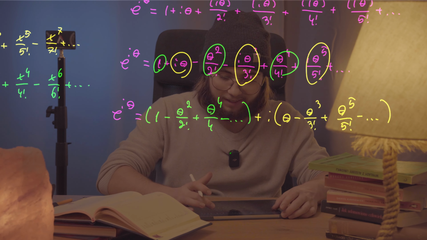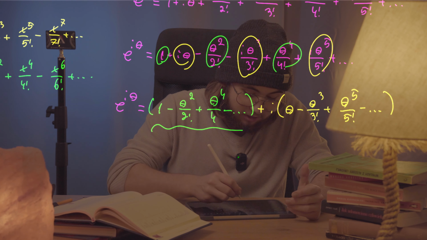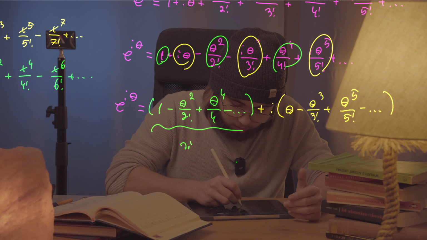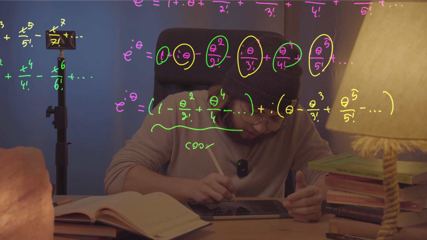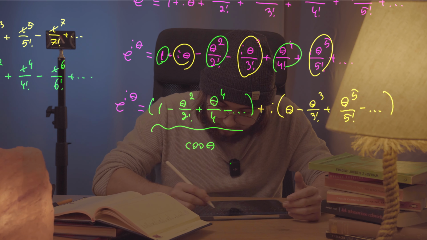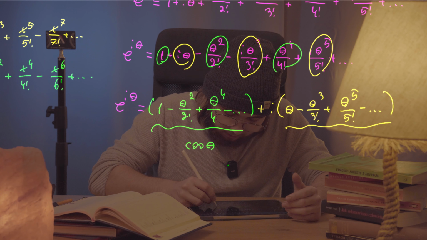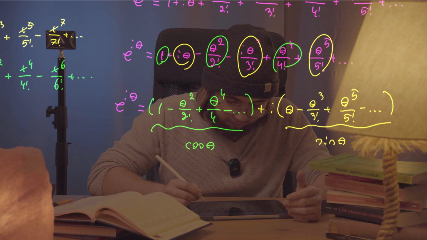But once again, this thing right there is just cosine of theta. And this thing here in yellow is just sine of theta.